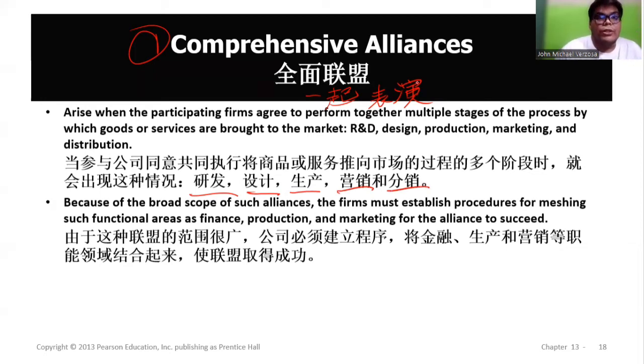Because of the broad scope of such an alliance, 范围很广, the parents must establish procedures for meshing such functional areas as finance, 金融, 生产, and marketing, for the alliance to succeed.